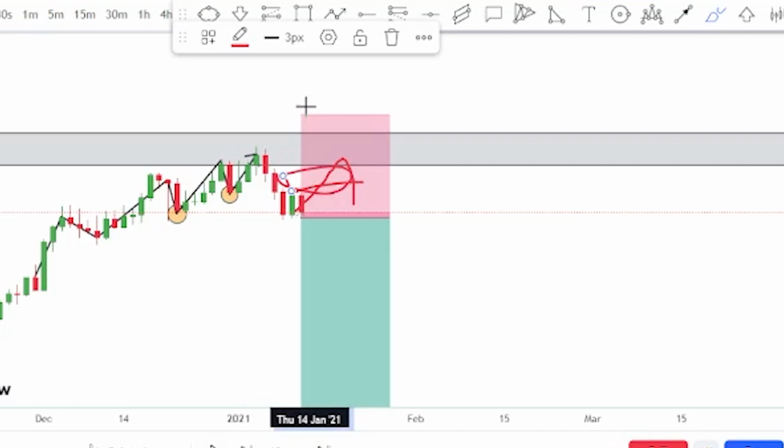As long as you keep in mind that this zone is stronger, you have to trust your strategy and set a stop loss above this zone.